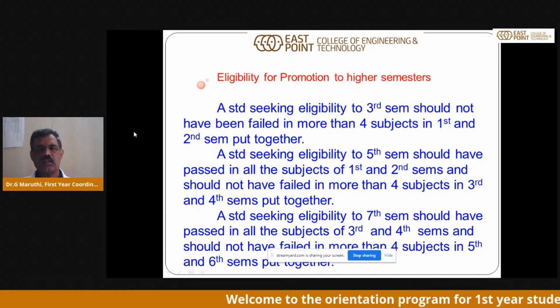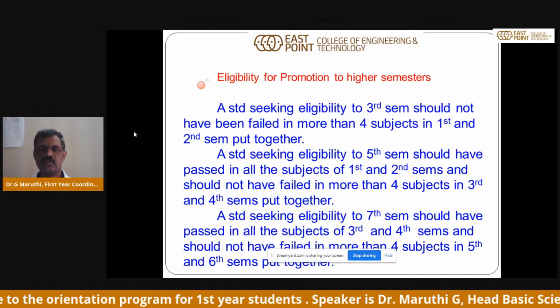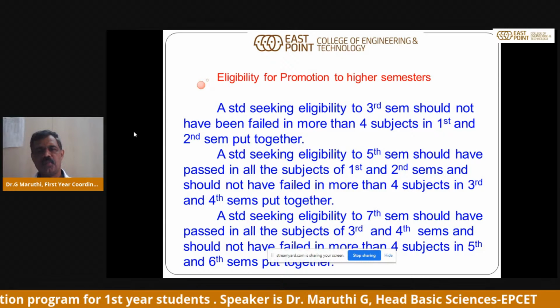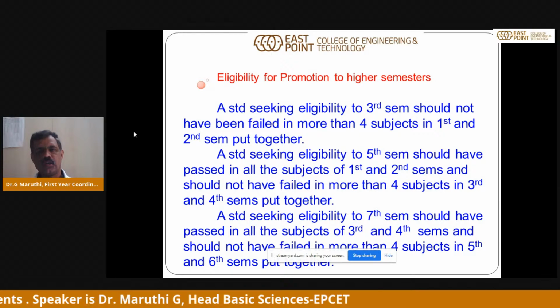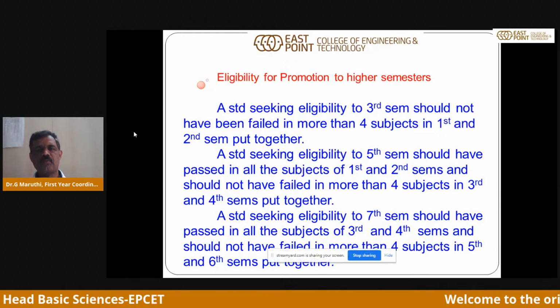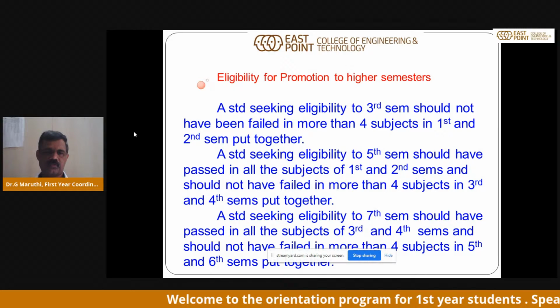Totally it will be 16 subjects. Out of 16 subjects, the maximum number of subjects you can retain is only 4. You have to pass at least 12 subjects. Otherwise, you have to stay back at home. You have to pass that minimum number of subjects. Then only you'll get eligibility for the 2nd year or for the 3rd semester.